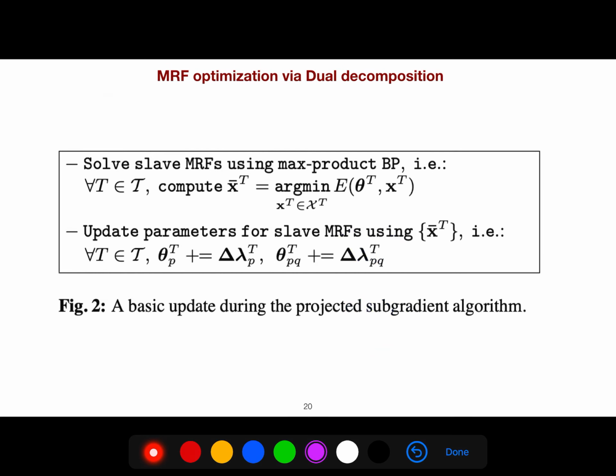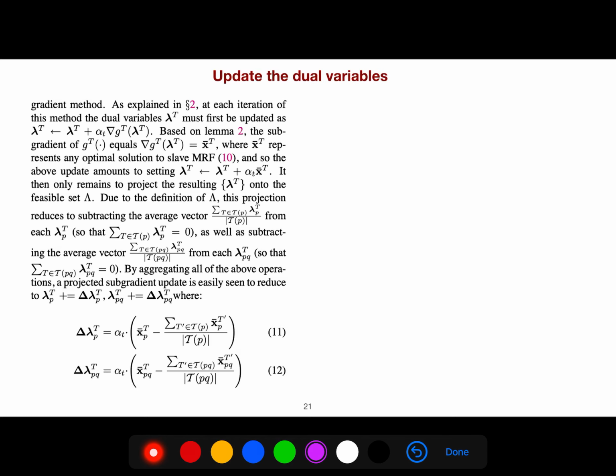So we solve the slave Markov random field using max product belief propagation. We compute it easily. But we update the parameters for the slave Markov random field using x bar t. For example, this relation that is proved in the lemmas. And these are the updates.